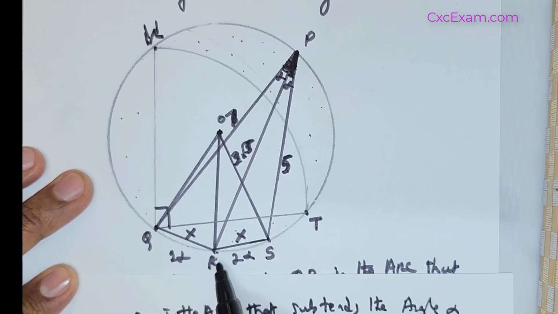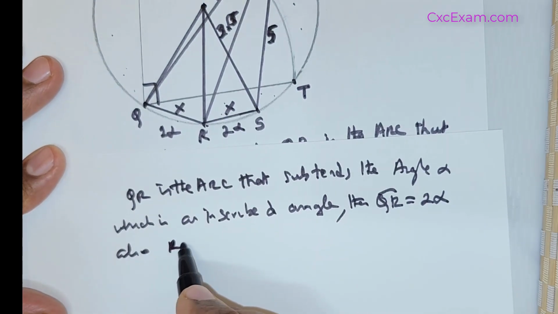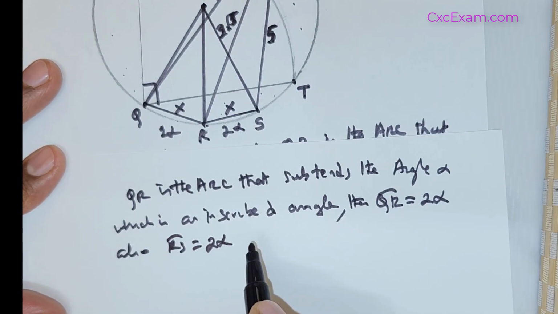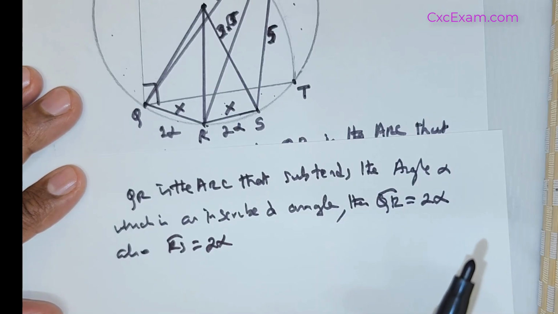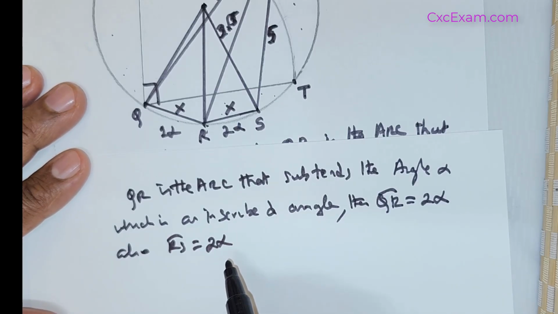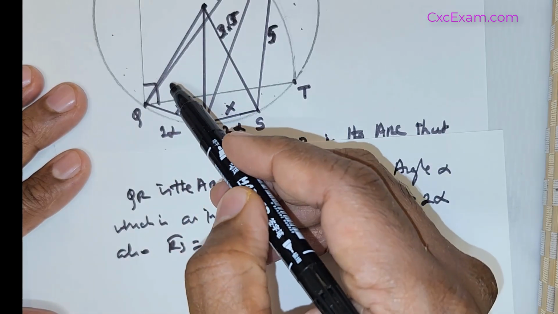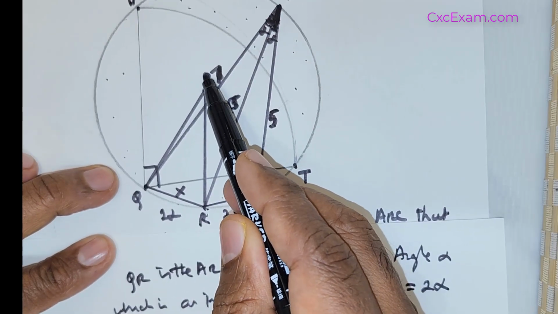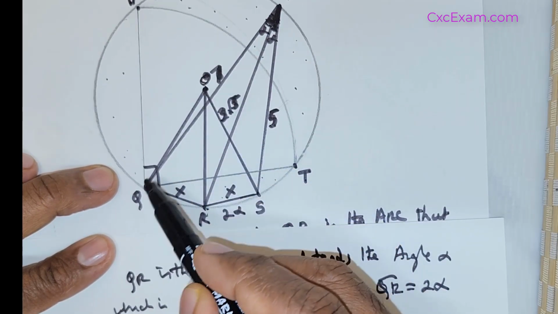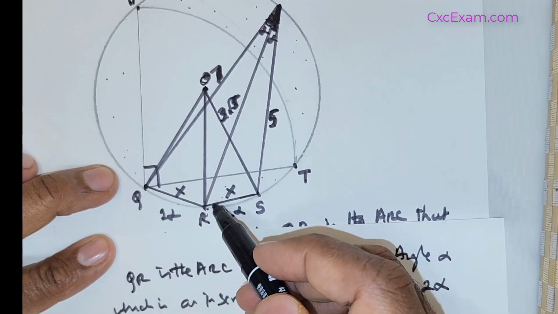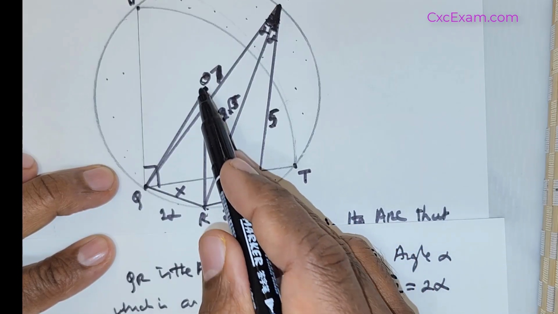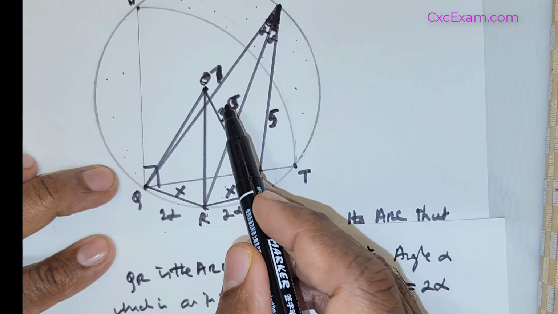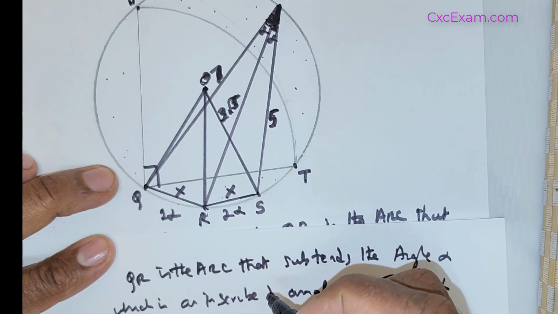So subsequently the arc RS would also be equal to 2 times alpha. Now I would like to connect the point O, which is over here, to Q, and also O with R and O with S.